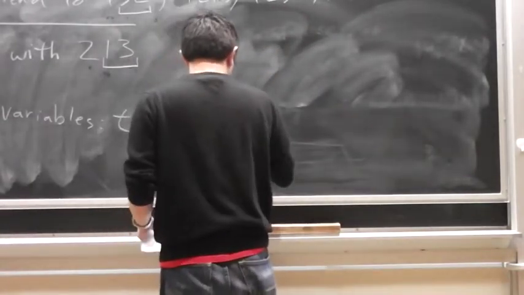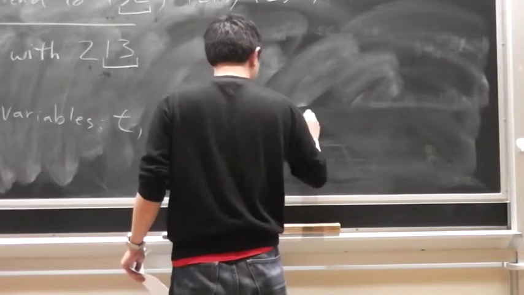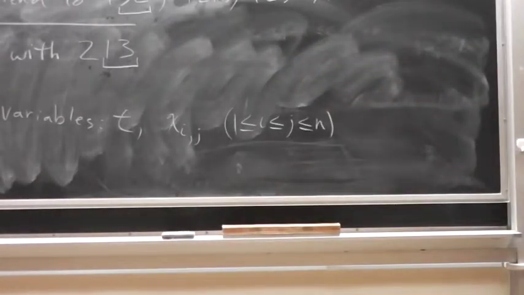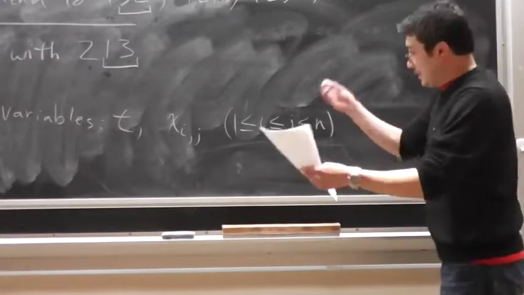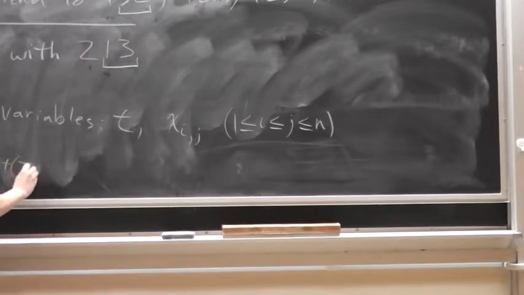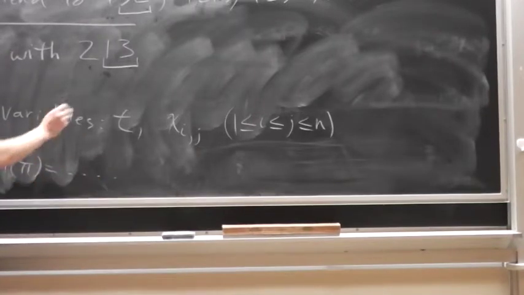So this is for I. And then you can begin defining from here even uglier weight functions based off of these.